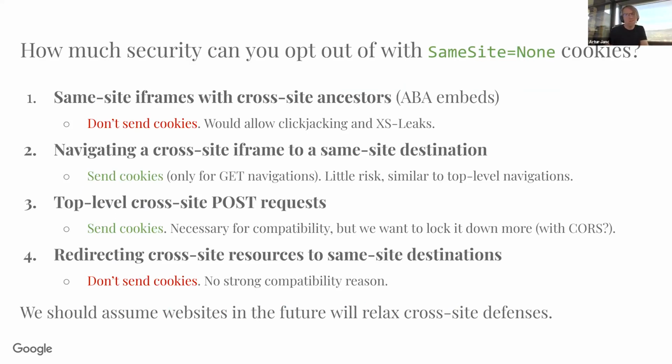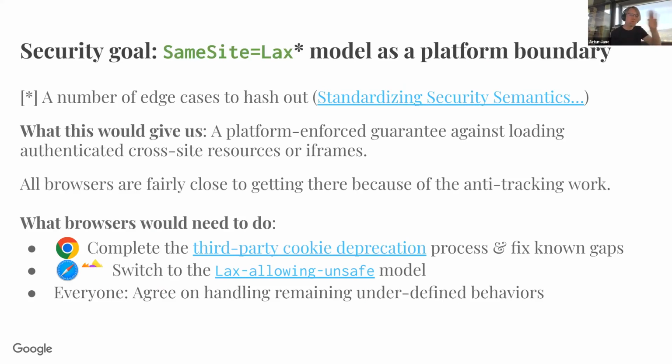I'm happy to get back to this, but I'll try to wrap up and finish with the big picture again. What we would like to do is have a cookie model in the platform that protects applications from cross-site request forgery and related bugs, which is based on same-site lax cookies with some tweaks for compatibility, which do not undermine the security properties of same-site lax cookies.